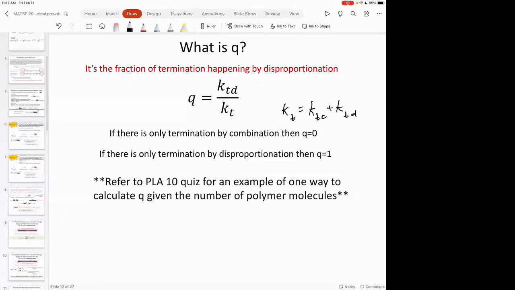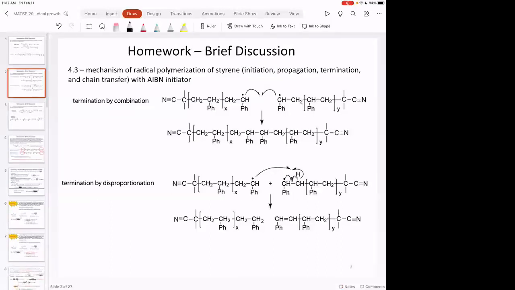Now, to answer the question, when you terminate by combination versus disproportionation, the reactants are the same in both of these reactions, right? So how many moles of chains do you have in the reactants of both of these reactions?